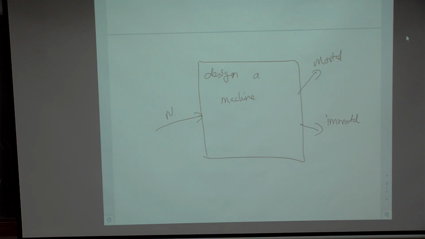it is convenient if we have an extra thing, something like, let's say, a hypothetical number h, such that the following holds: n is mortal if and only if hn is immortal.